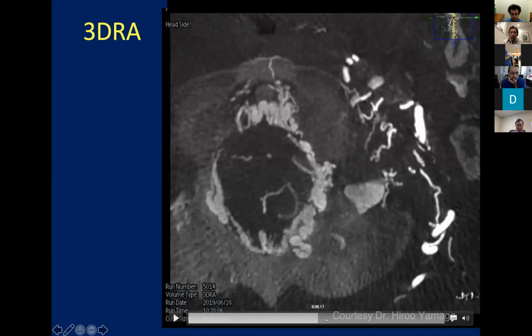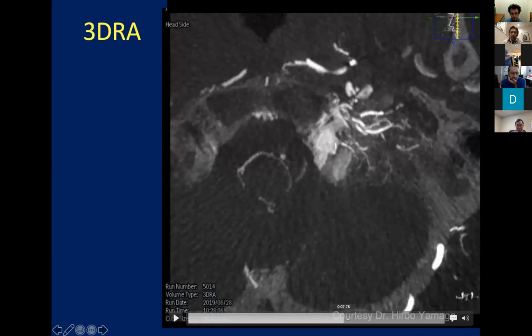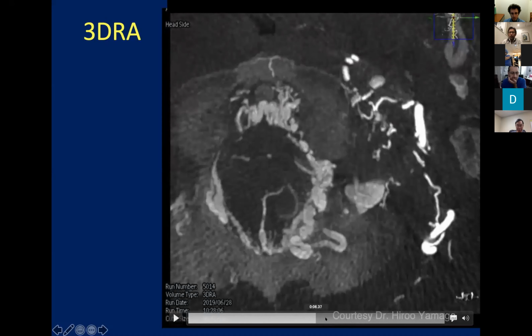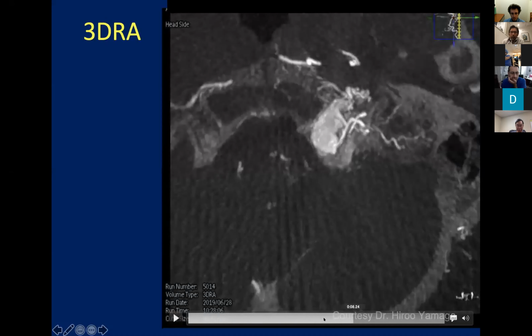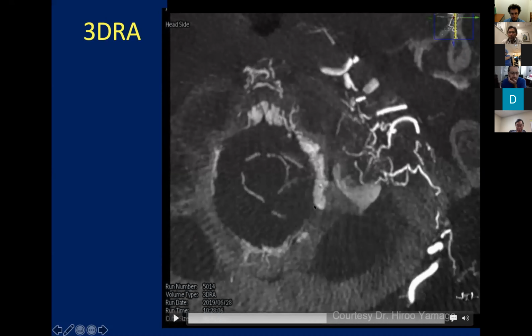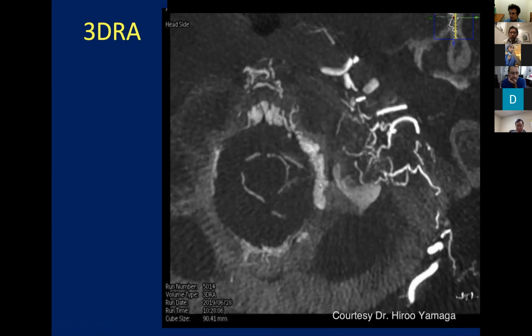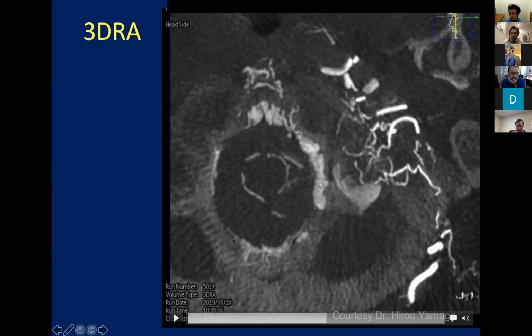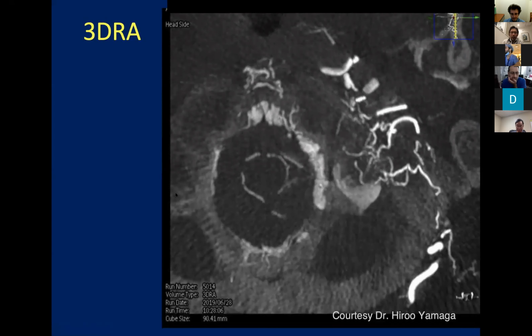So this is how it got the reflux into the system of the posterior fossa. The message is, if you want to inject embolic materials like Onyx into this venous pouch just to cure the shunt, sometimes you have to look for these connections, or your Onyx might end up filling the system of the brainstem veins.